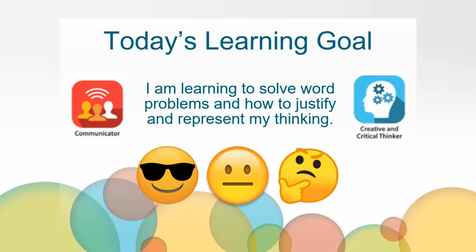How did you do with this? Which emoji represents how you're feeling about today's learning? If you still have questions, you can always check in with your teacher. Wherever you are in your thinking is right where you should be.